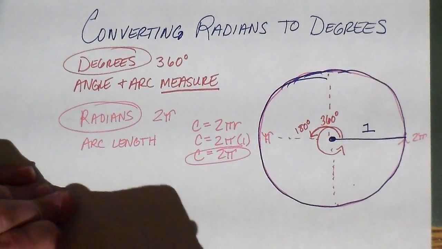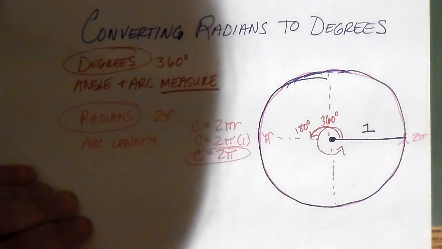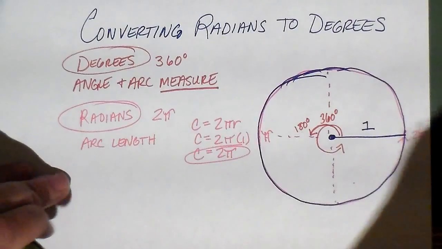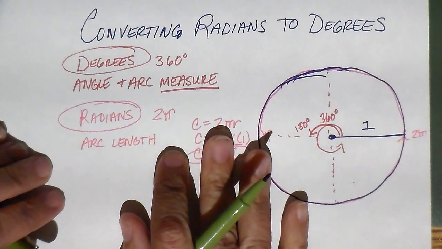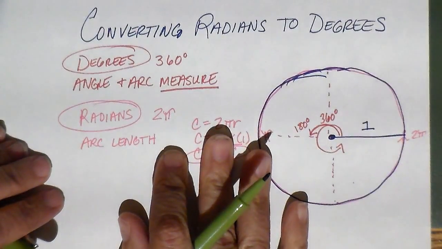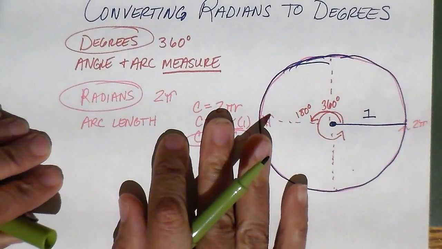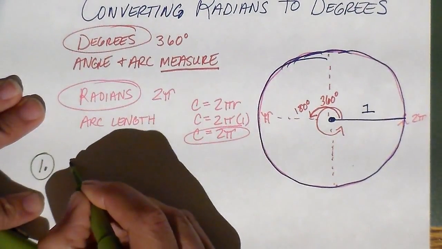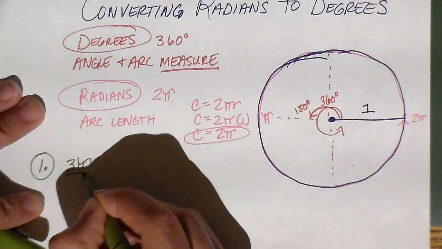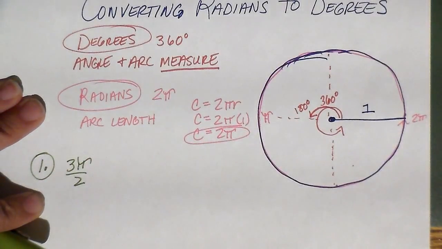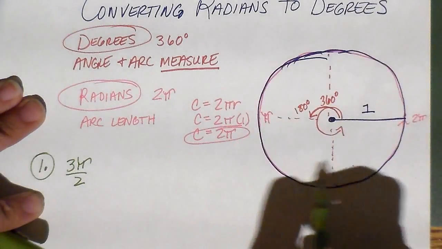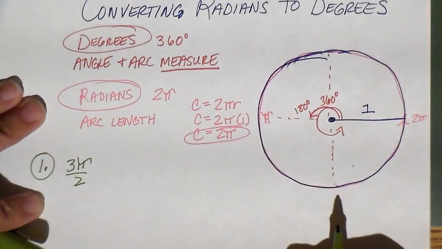Okay, so here's how you convert. Let's say number 1, I have 3 pi over 2 radians. That basically means I've got 3 pi over 2, a portion of the circumference.